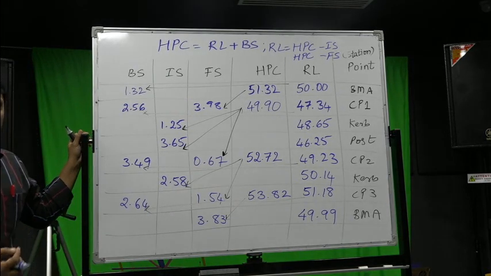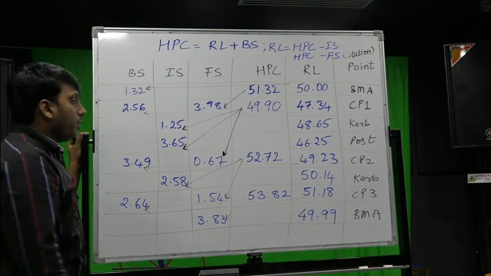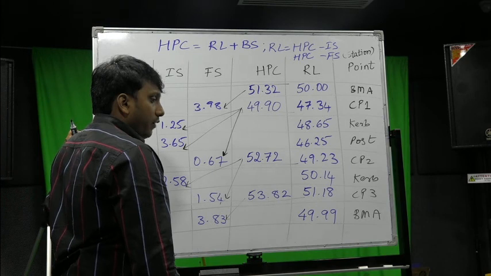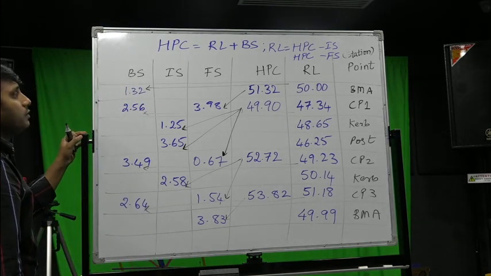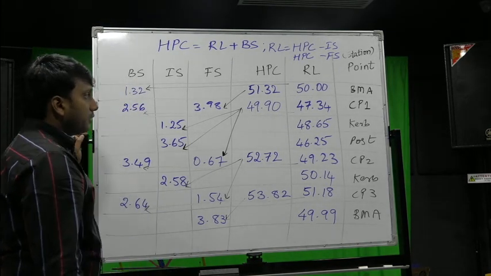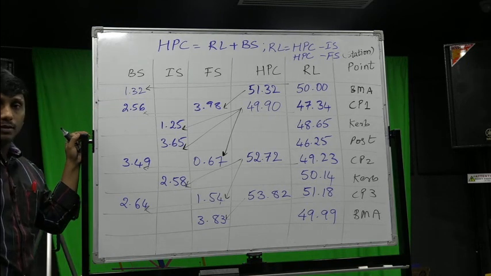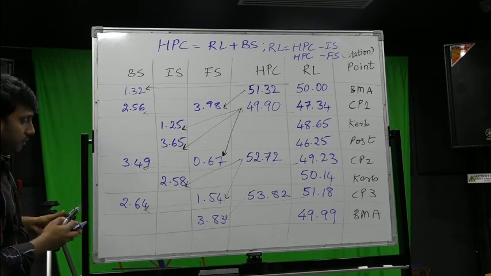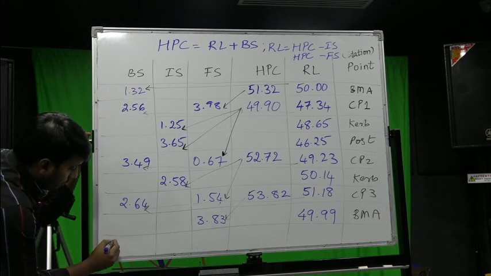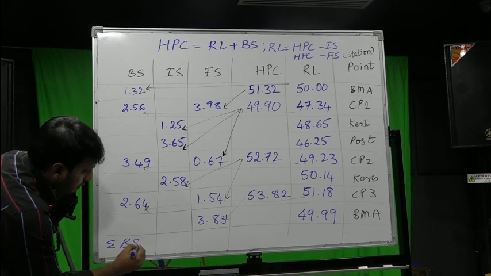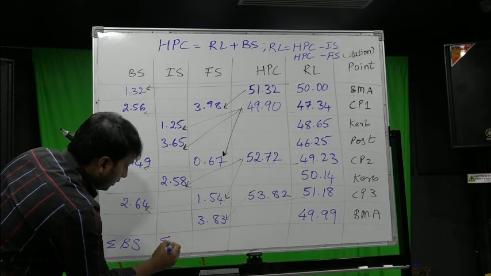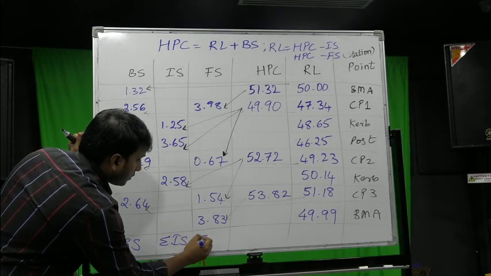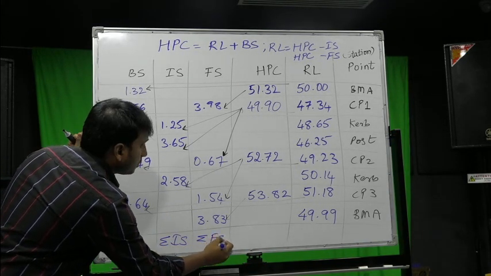So there is an error. When you need to calculate the error, you have a formula: sigma BS minus sigma FS is equal to last RL minus first RL. So you need to calculate the whole sigma: sigma BS, sigma IS, sigma FS.